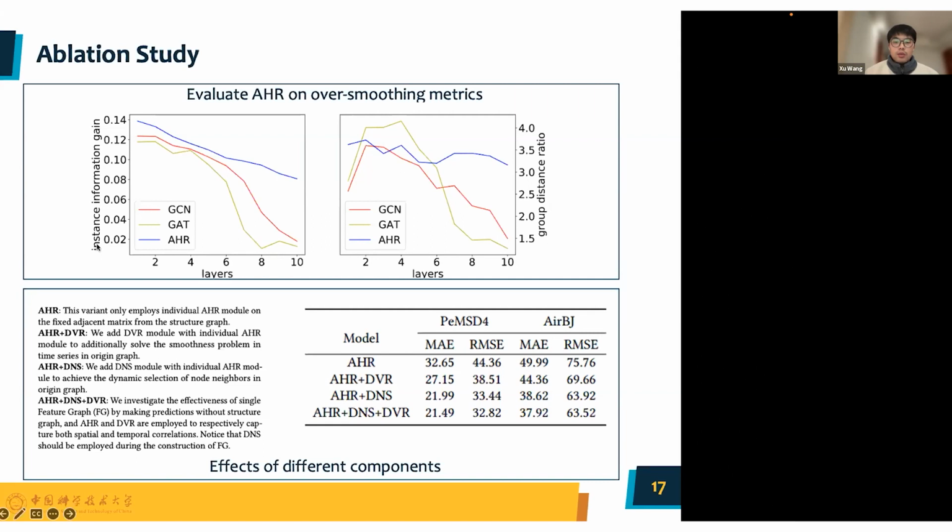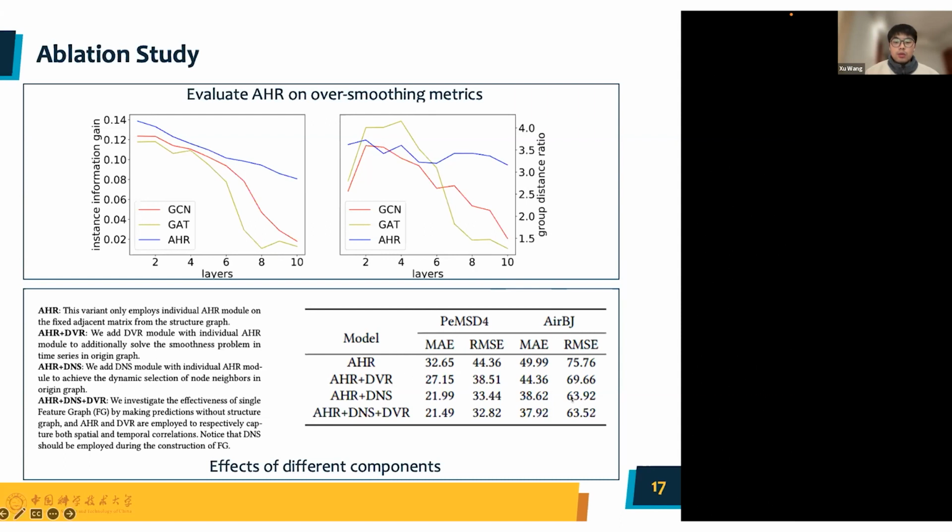Instance information gain represents how much input feature information is contained in the final representation, and the over-smoothing issue would lead to a small value of instance information gain. For both metrics, higher is better. We can find when the network goes deeper, the proposed AHR certainly has positive effect on alleviating oversmoothing issue.